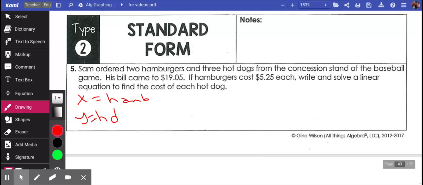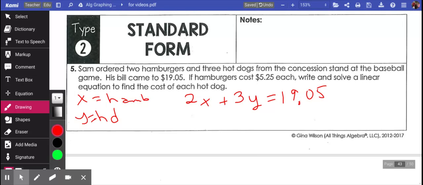Okay. So if it says he ordered 2 hamburgers, we have 2 times the price of hamburgers plus 3 times the price of hot dogs equals a total of $19.05. And then it tells you hamburgers cost $5.25 each. So you might have done this already ahead of time if you read through the whole thing.